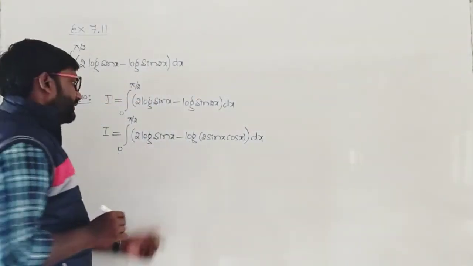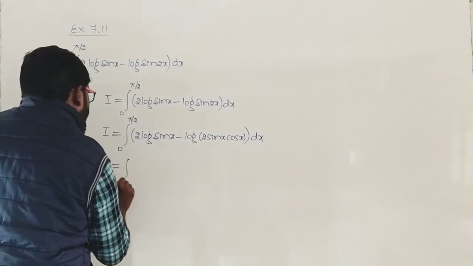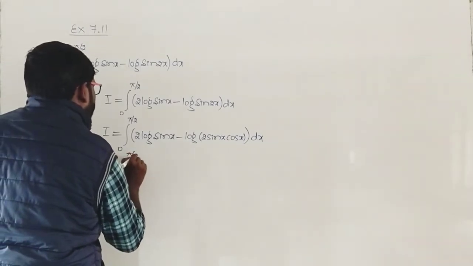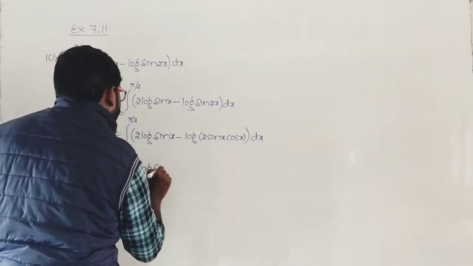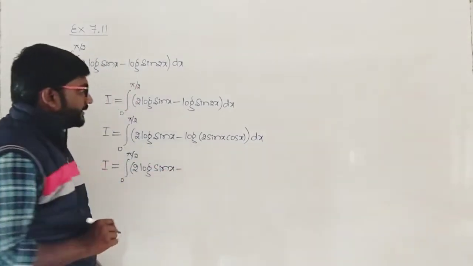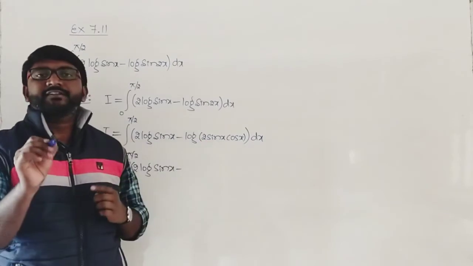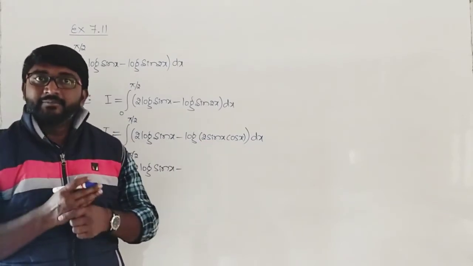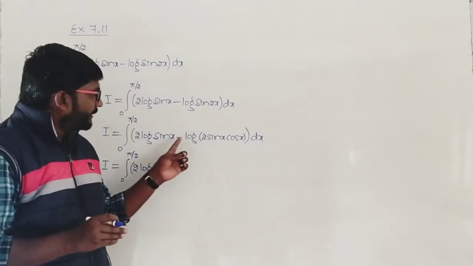So now see here, I is equal to the integral from 0 to pi by 2 of 2 log sin x minus, here it is in the form of log of xyz. What is log xyz? It can be written as log x plus log y plus log z. And here we have the minus sign.